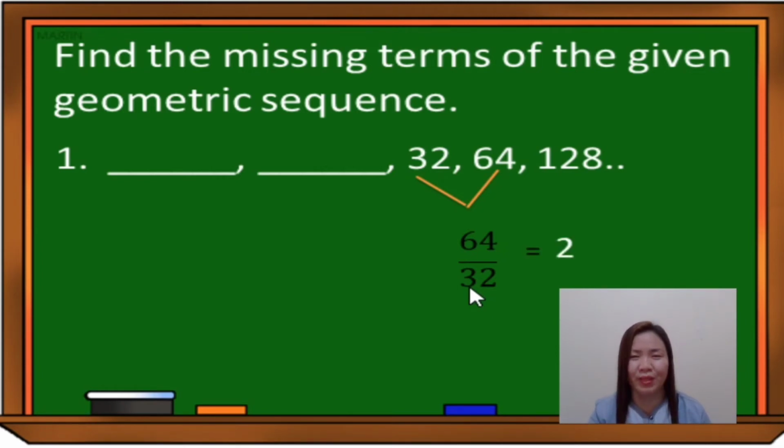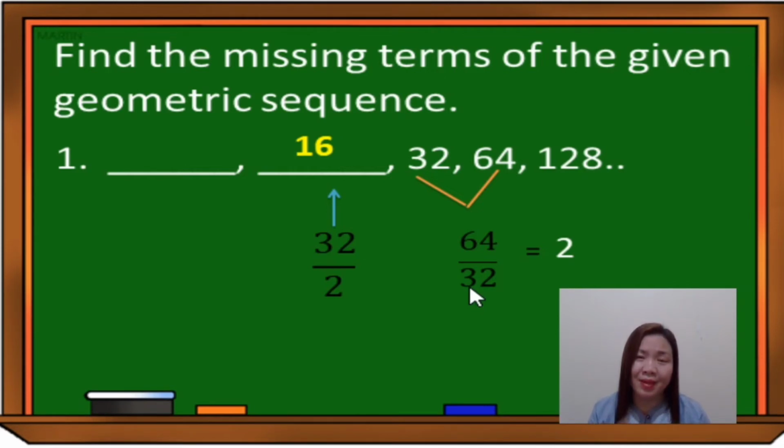2. Very good. Now, since we have already 32, we will divide it by the quotient. And if we divide, the quotient for that is 16. We use 2 because we know that the quotient is 2 and automatically that is the common ratio.